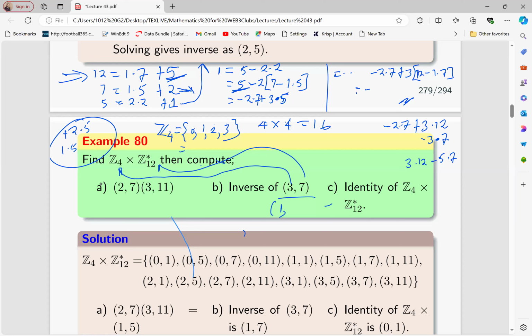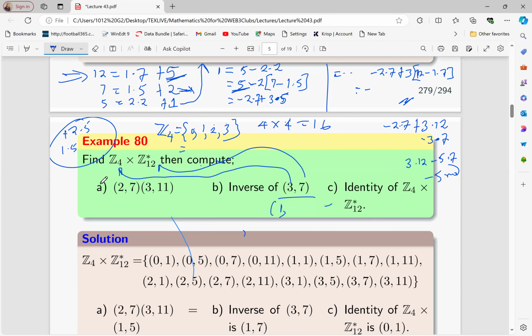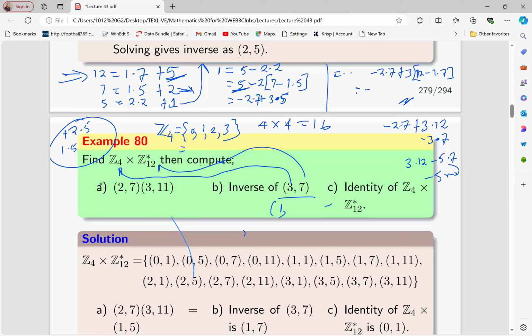What we were looking for was the inverse of 7, and we are doing it mod 12. So the inverse of 7, therefore, is negative 5 mod 12, and negative 5 mod 12 is the same as 12 minus 5, which is 7. Is that okay? That means the inverse of 7 is 7.